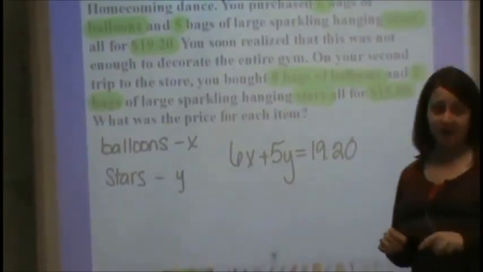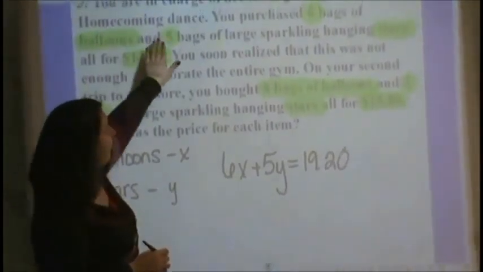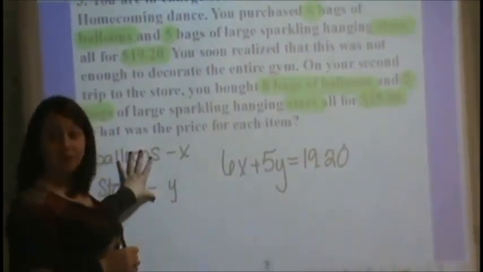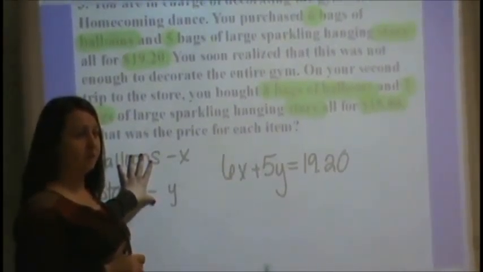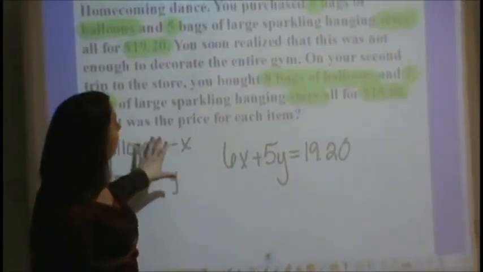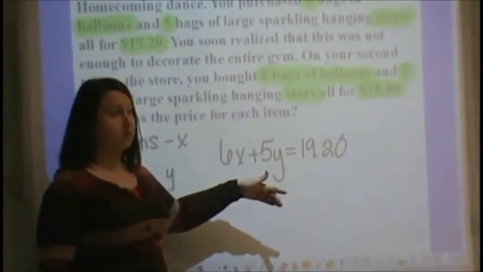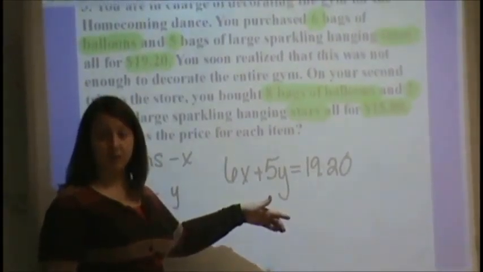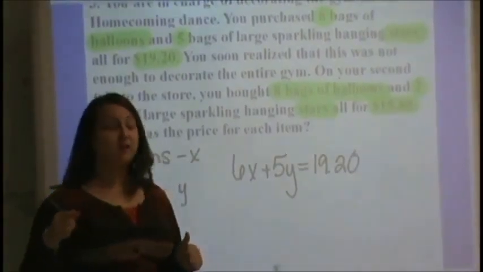Do you know what they might try to do? They might try to go ahead and say 6 balloons and 5 stars, which is the way we wrote it for the first equation. But what might they try to do on the second equation? They might try to tell you 8 bags of stars and 2 balloons. Switch the X and the Y. Don't let that confuse you.